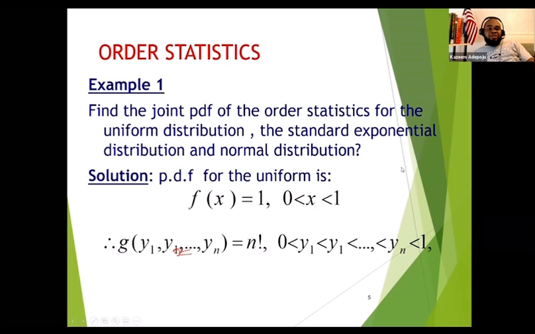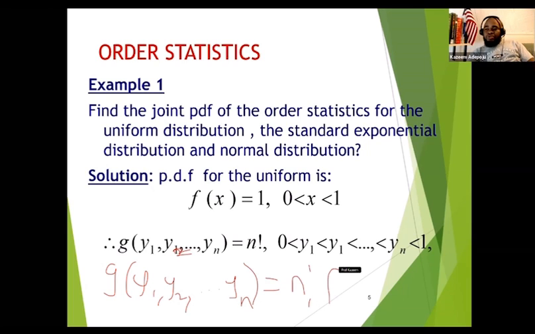So what I'm trying to tell you right now is that if f of x equals 1, then the formula that we're using here for y1, y2 up to yn is n factorial times f of y1, multiplied by f of y2, until you get to f of yn.